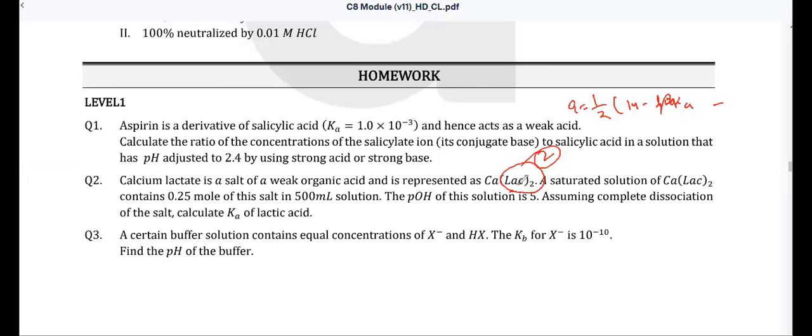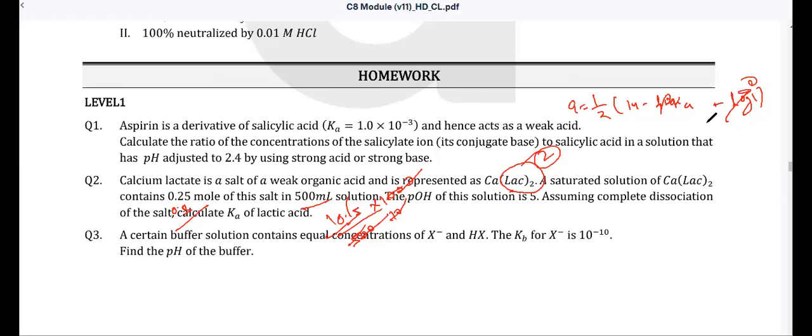So the concentration will be twice. The number of moles will be 0.5. 0.5 divided by 500 into 1000, 10 times. So it will be 1. So log 1 will be 0.